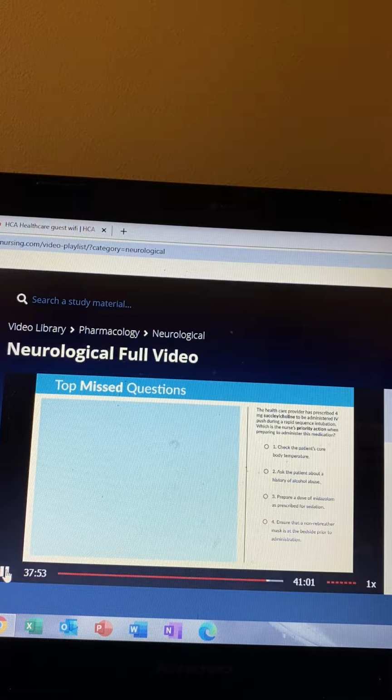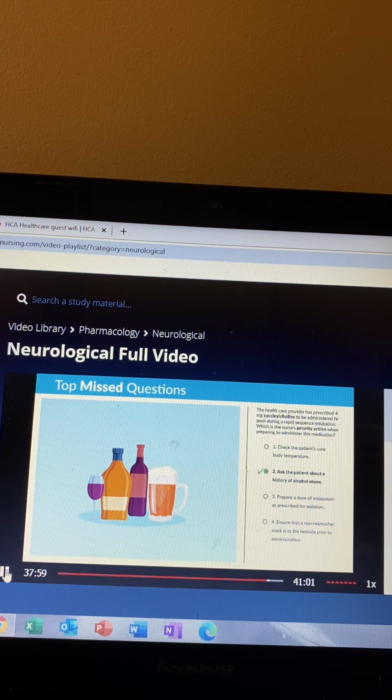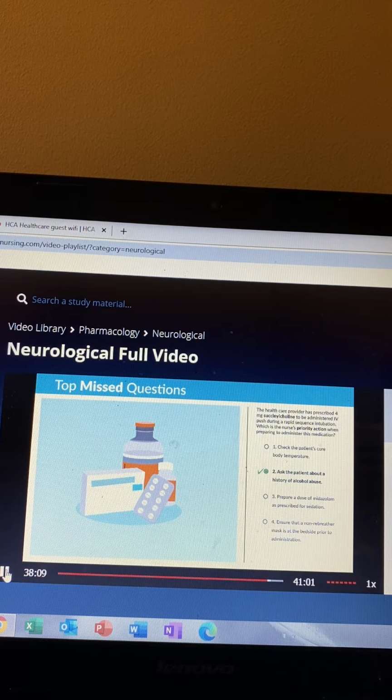Now option 2 is correct: ask the patient about a history of alcohol abuse. Yes, we always screen for alcoholism. The key is to anticipate the deadly malignant hyperthermia. Now option 3 was a little bit tricky: prepare a dose of midazolam as prescribed for sedation. This one's really close as a distractor.